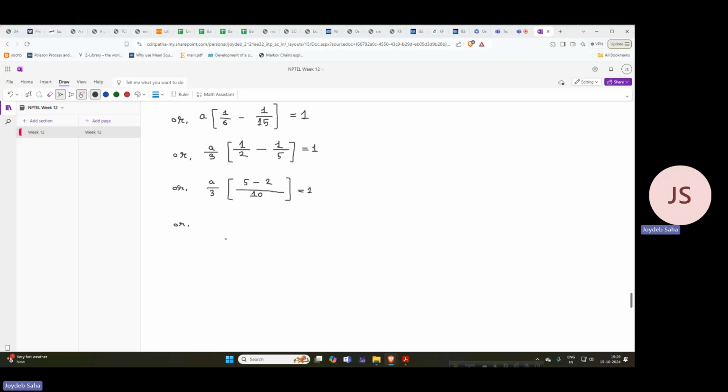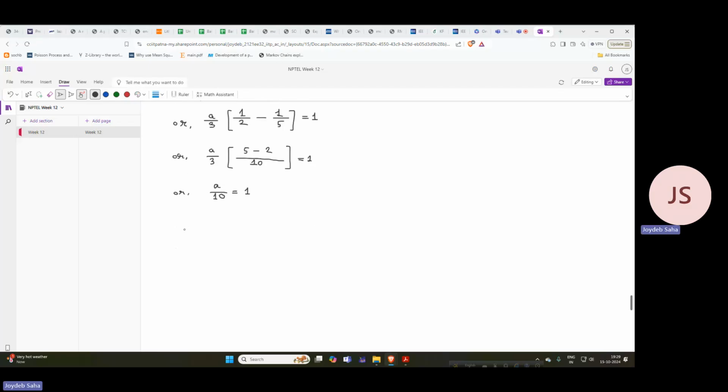Or it is 3 and 3 will cut out and it will be a upon 10. A is equal to 10. Okay. So what we received, the value of a is equal to 10.